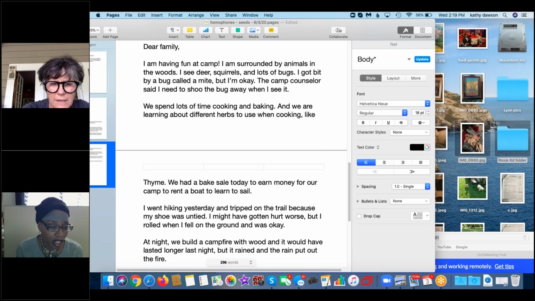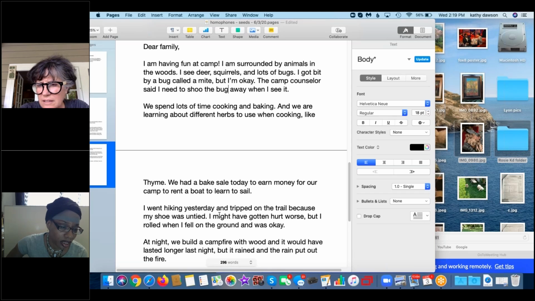Can you see my little arrow? Yes. Okay, it's in this first sentence here. I was hiking yesterday and tripped on the trail because my shoe was untied. Right there.